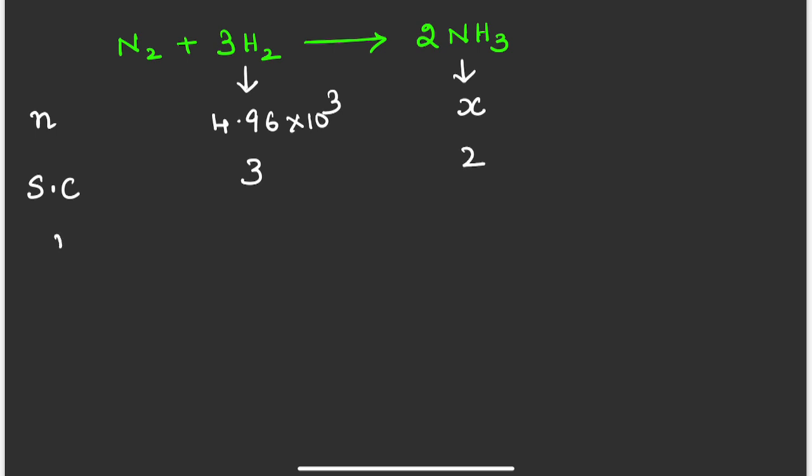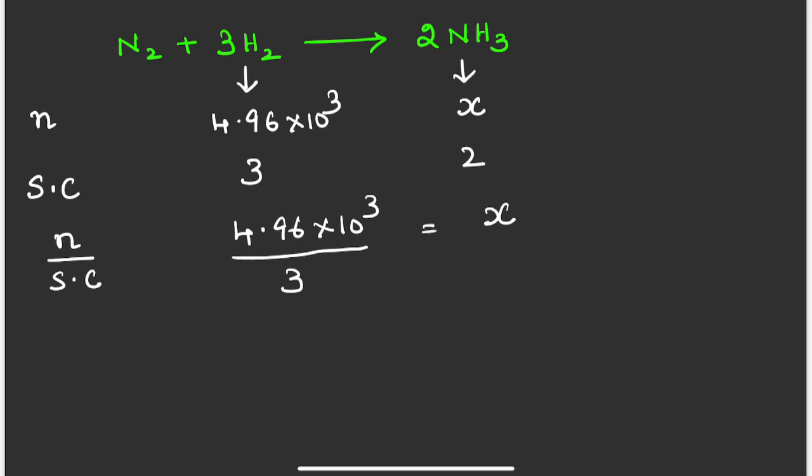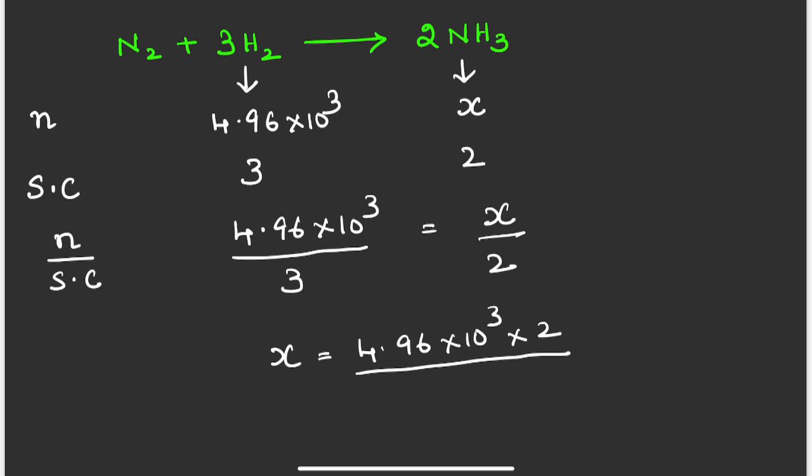The next step is to divide the number of moles by the stoichiometric coefficient. So you will write 4.96 into 10 to the power of 3 divided by 3 is equal to x divided by 2. Cross multiply this, and you will get x equal to 4.96 into 10 to the power of 3 into 2 divided by 3.